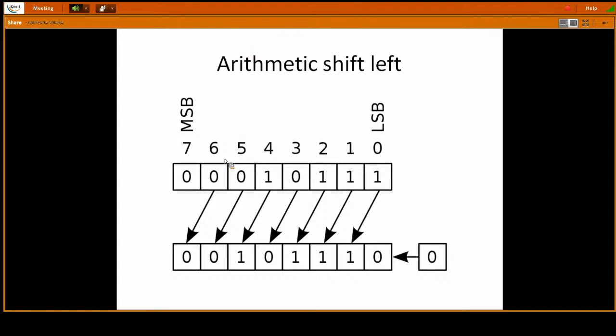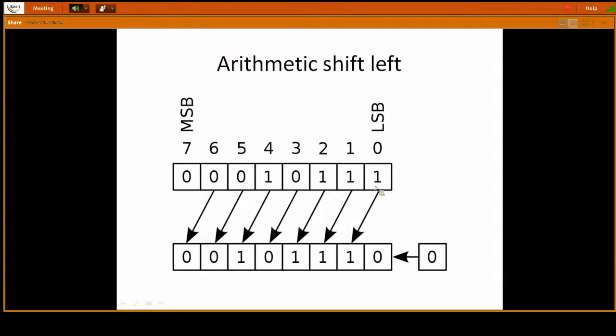One thing to be remembered in case of arithmetic shift left is, whenever you perform an arithmetic shift left on a register data, the result is a multiplication by 2. For example, assume the decimal value is 5.